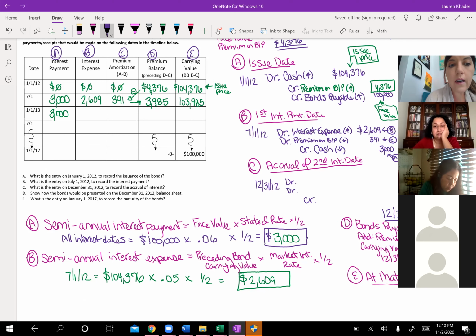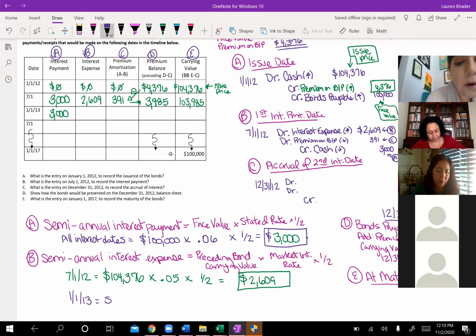For our second semi-annual interest payment date, we're going to pay out the interest on January 1st. We need to calculate the interest expense.